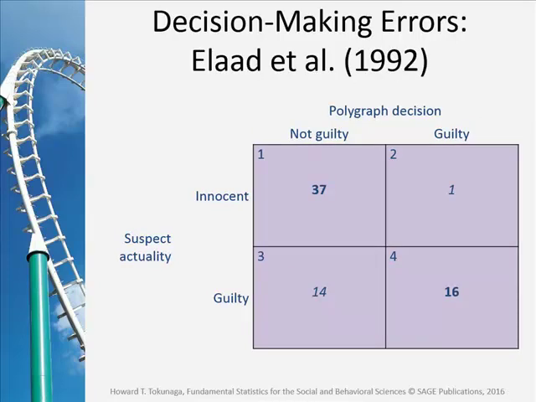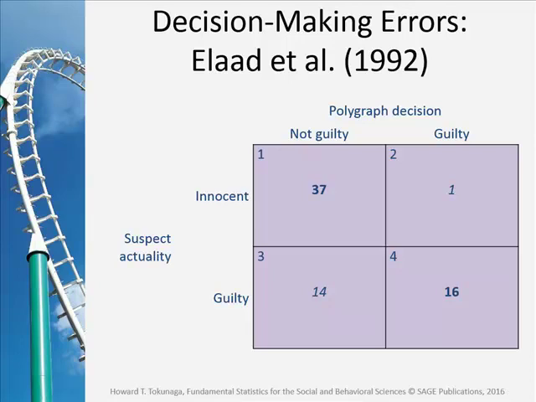So here's the results of that study. Overall, are we happy with the effectiveness of a polygraph? Well, if the polygraph said you were guilty, how frequently were you guilty? 16 out of 17.